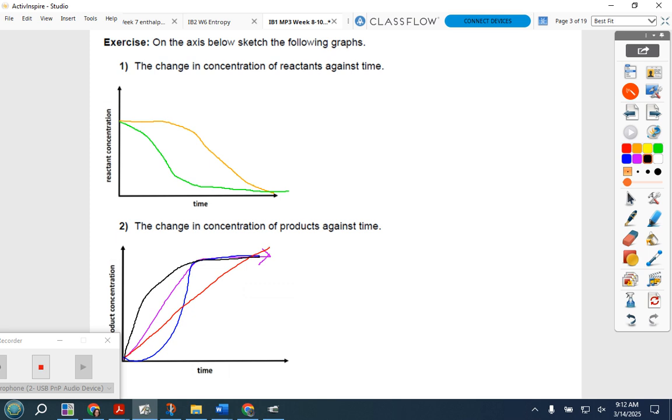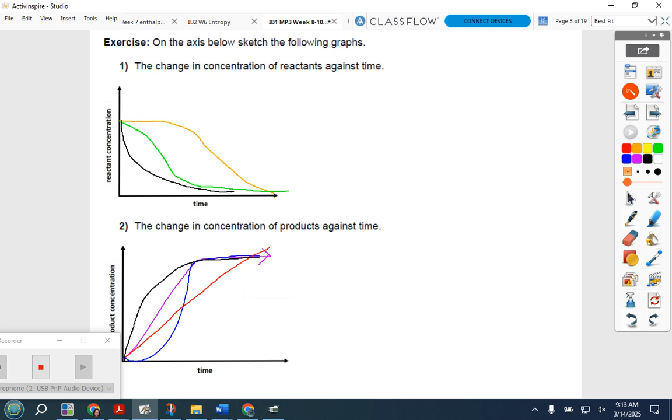So that flat line at the top is absolutely correct. But it's actually going to go faster at the beginning. So the reactant graph is going to be a little bit more like the green line here, in that it's going to start off fast and then slow down.